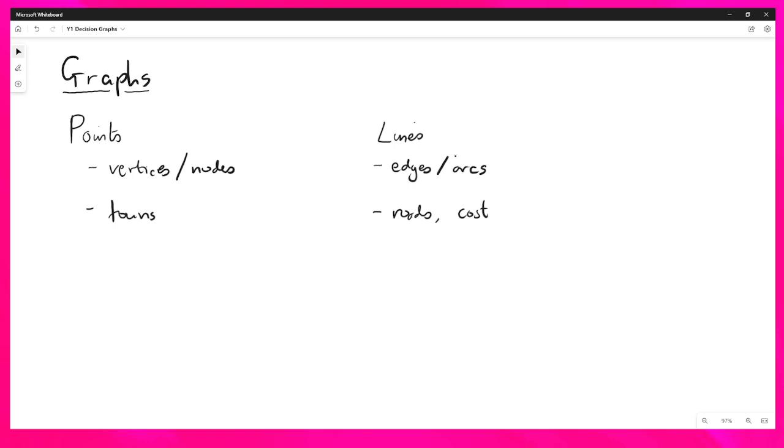The lines or the edges or arcs are more about the connections between two important points, or nodes or vertices.